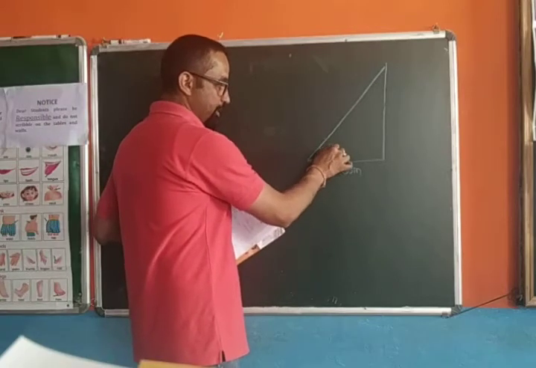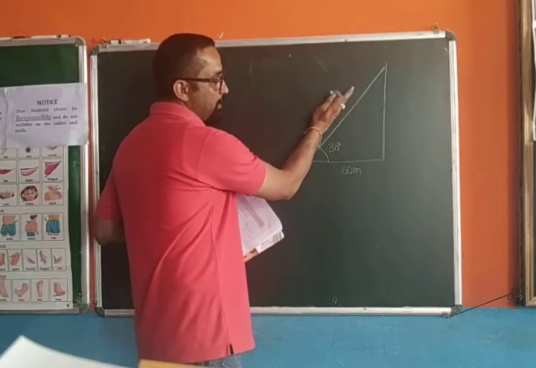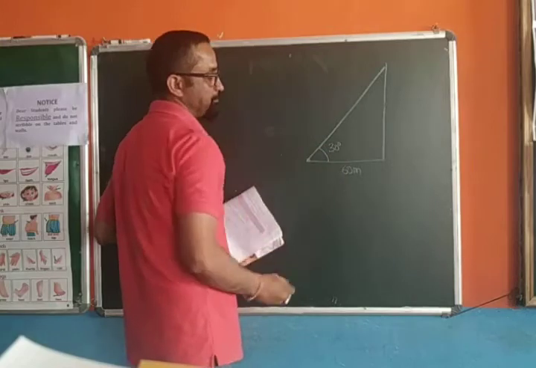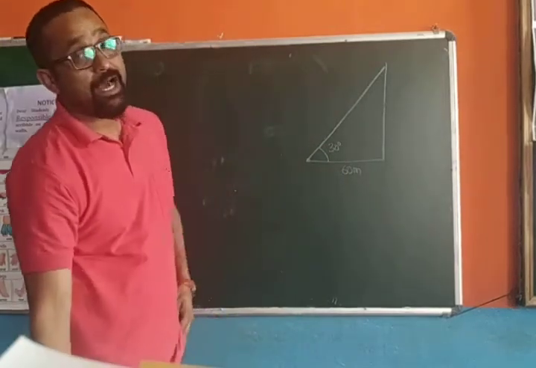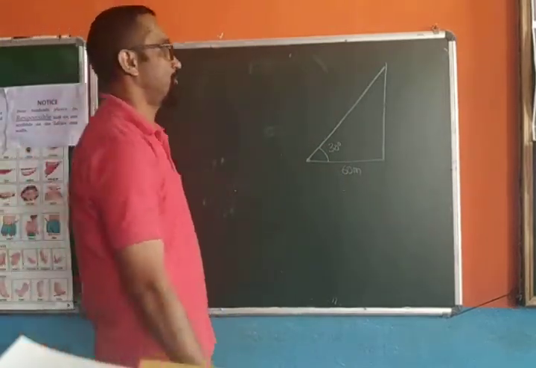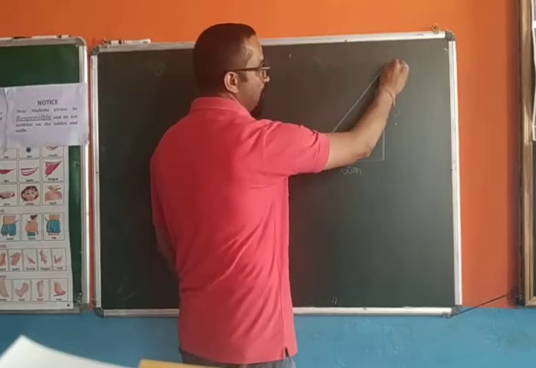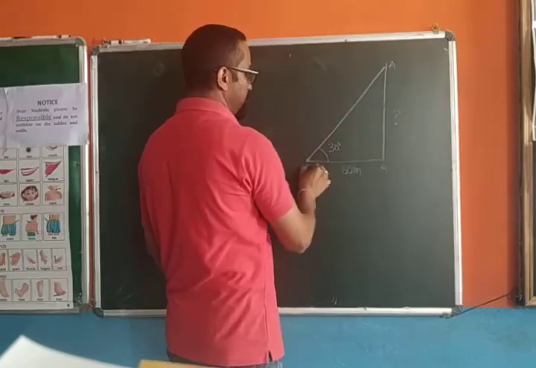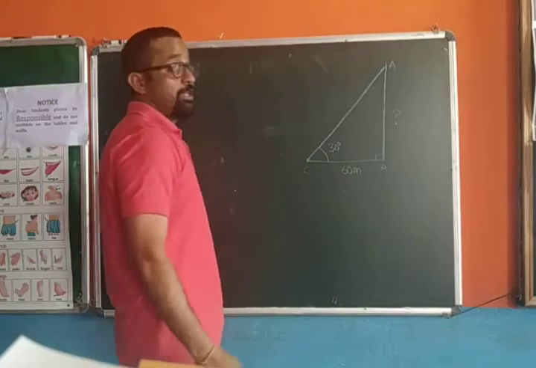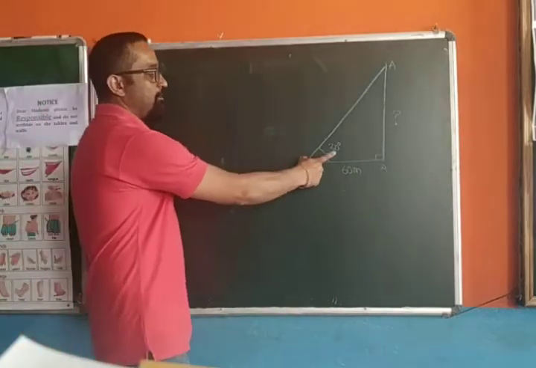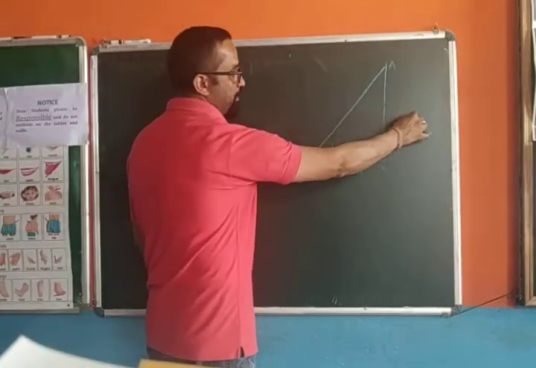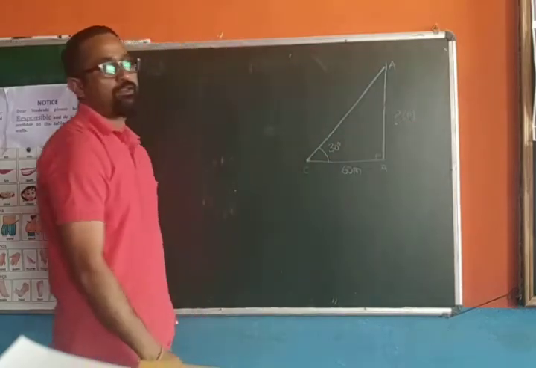The angle of elevation is the angle between the line of sight and the base. Question says calculate the height of the tower. Name it as ABC. Similar question. We know the angle of elevation, the base is given, the perpendicular is asked to calculate.